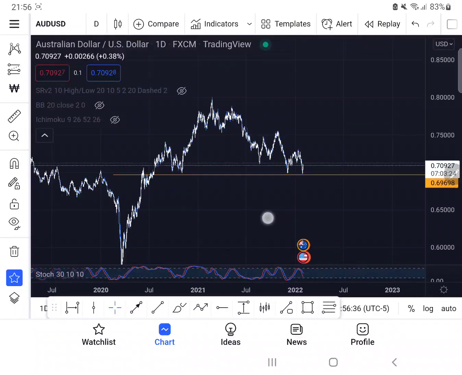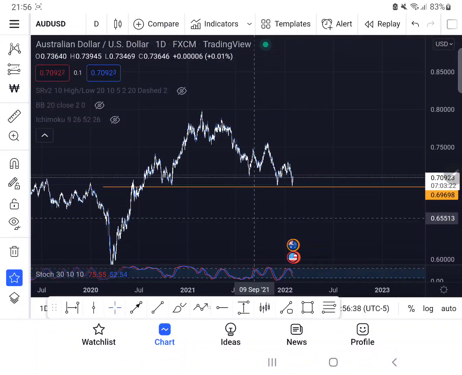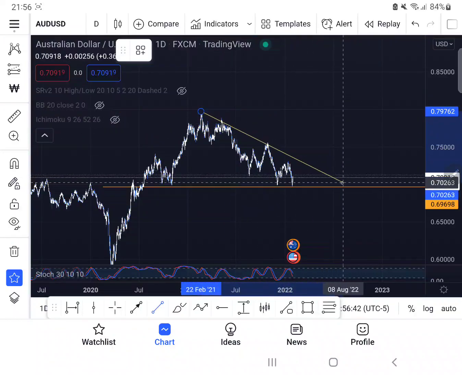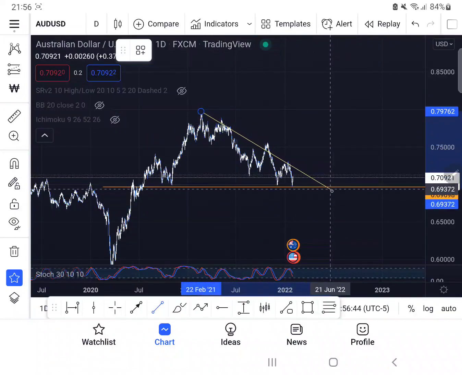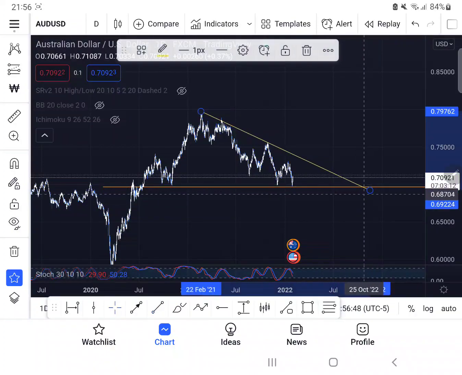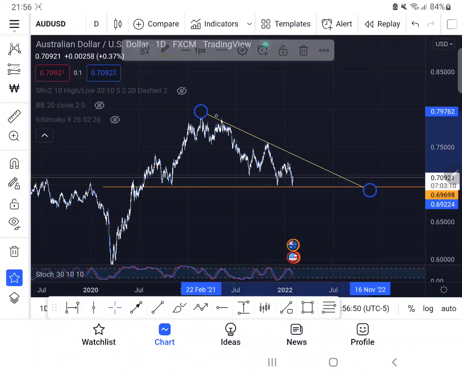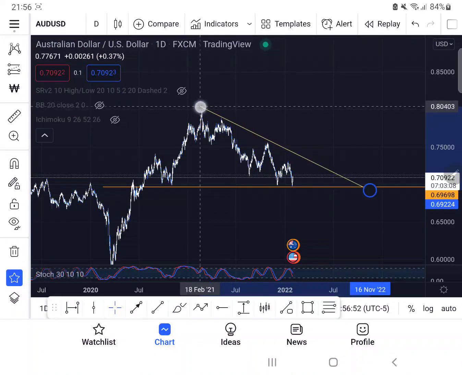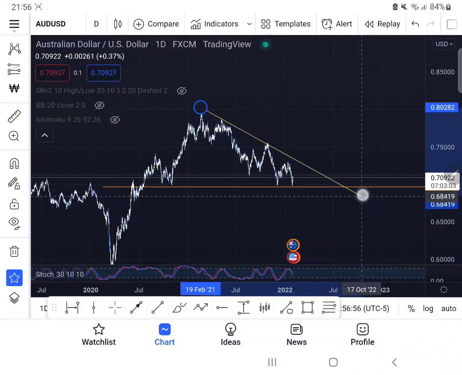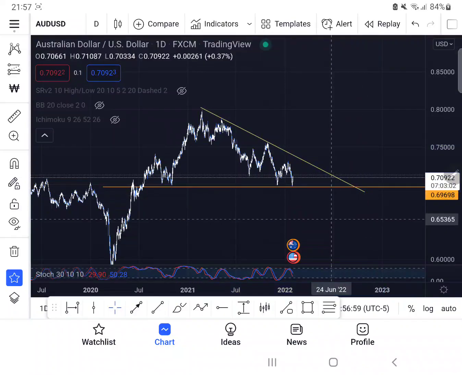So I can just draw the P wave again over here, top to top, right here. Yes, just about this. Okay, right, this is just like a P wave, the big P wave in daily time frames.